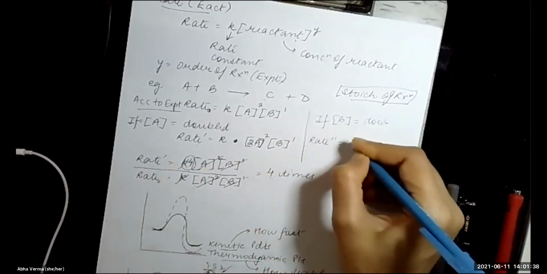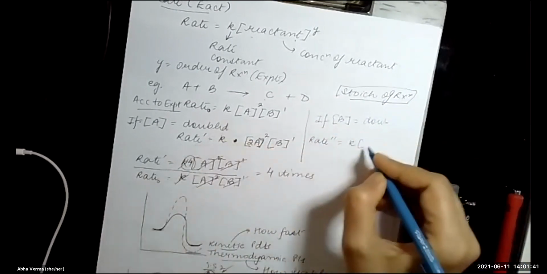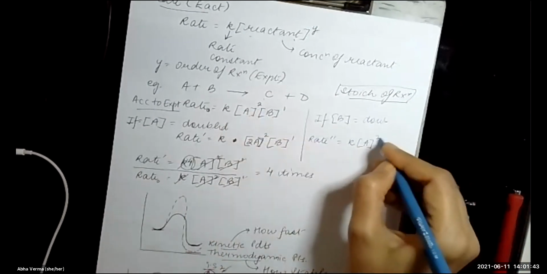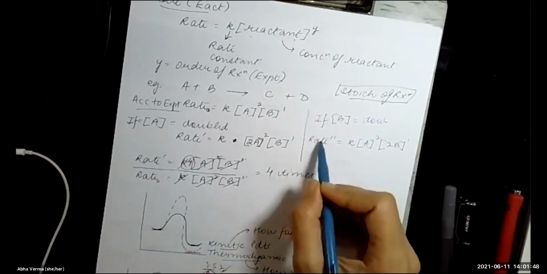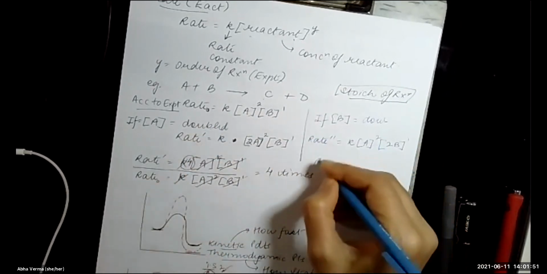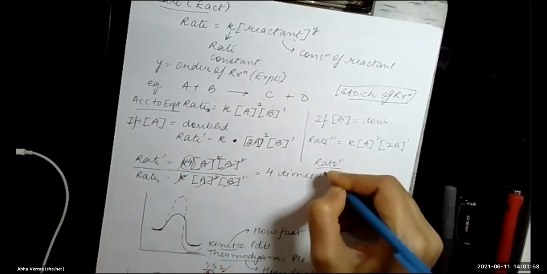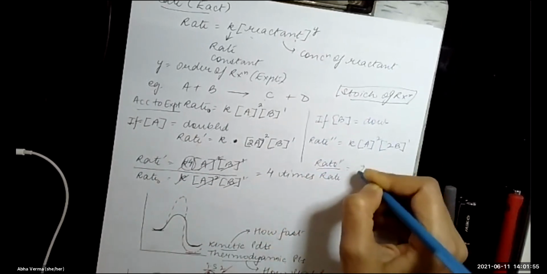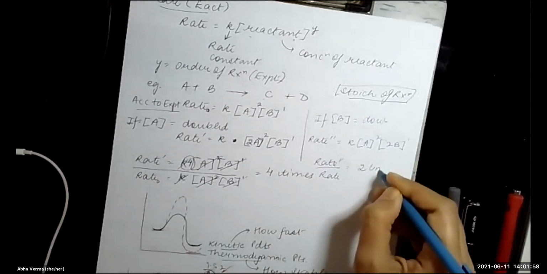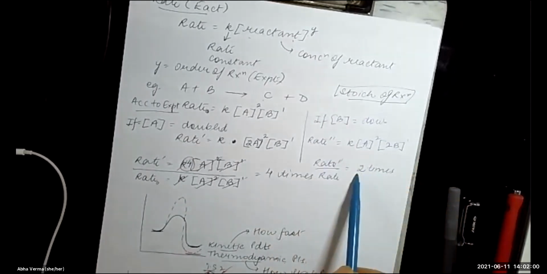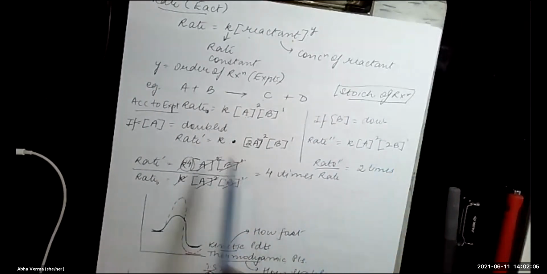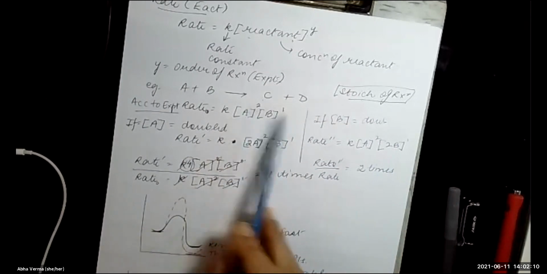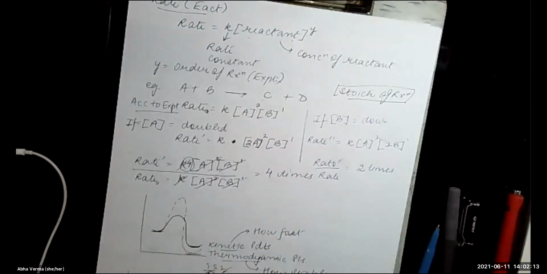Rate double prime will be k A raised to power 2 times B 1. And so when I will compare these two rates, rate prime over rate, it will indicate that my reaction will become 2 times. My reaction rate will double if I just double the other substrate. If I double one substrate, this is what is going on. But the order of the reaction is 3 times.